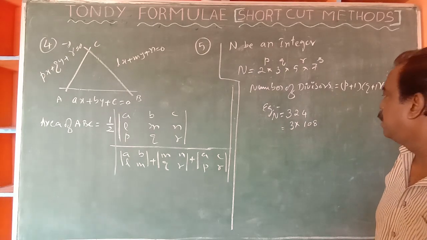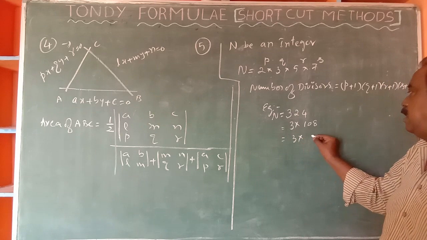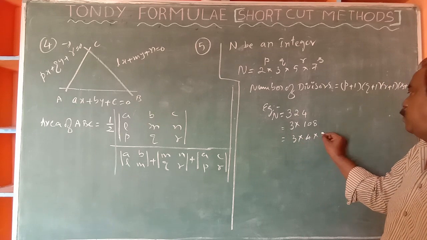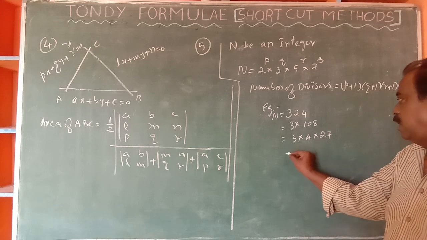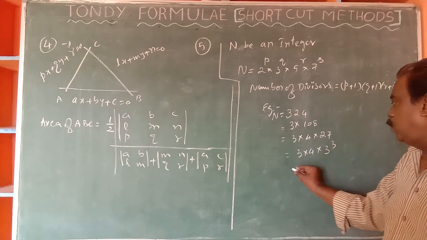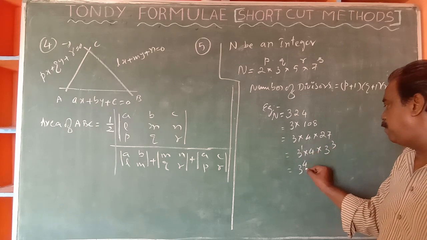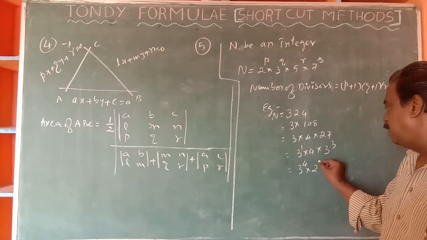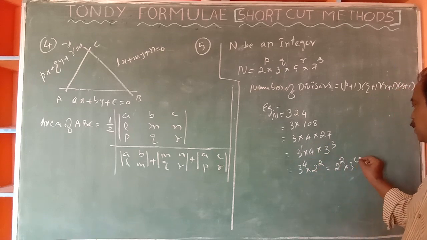And again, this can be written as 4 into 27. Will you agree? It is 3 into 4 into 3 cube, so it is 3 power 4, and 4 is 2 square. So it can be written as 2 square into 3 power 4.